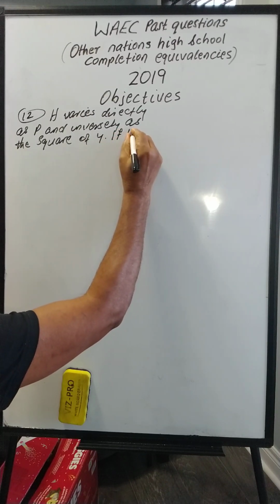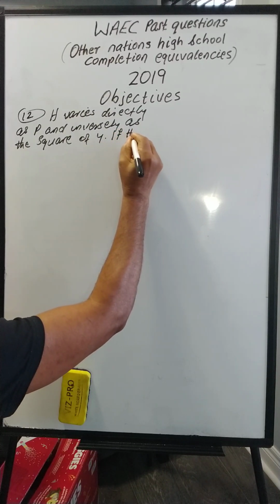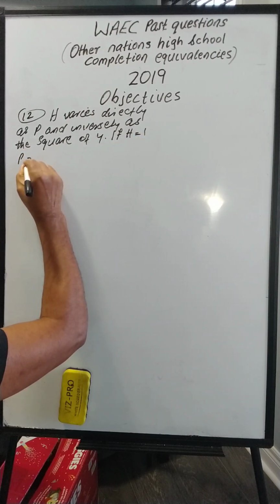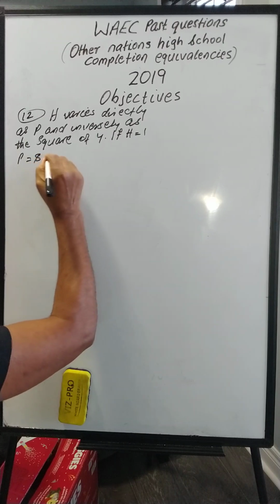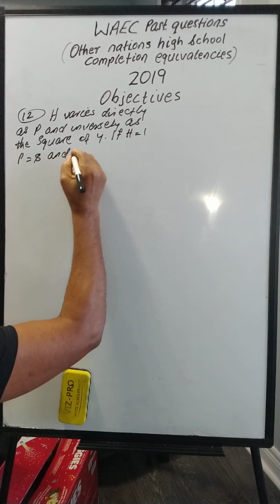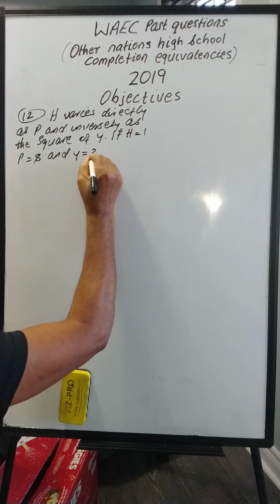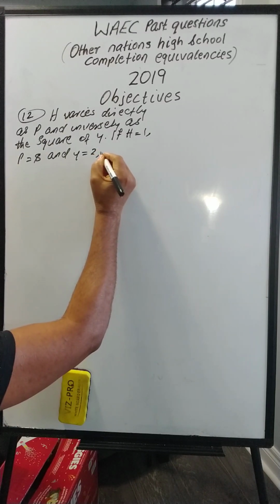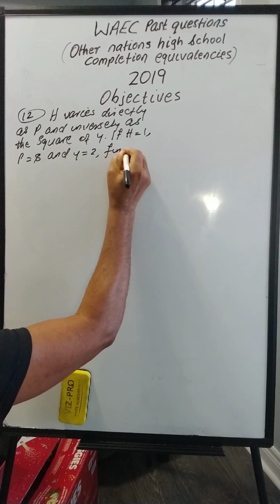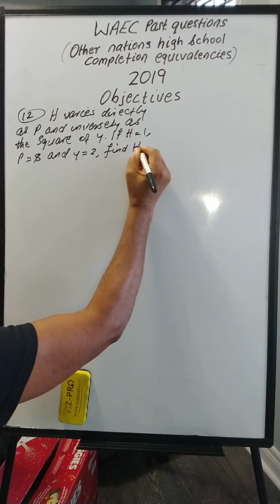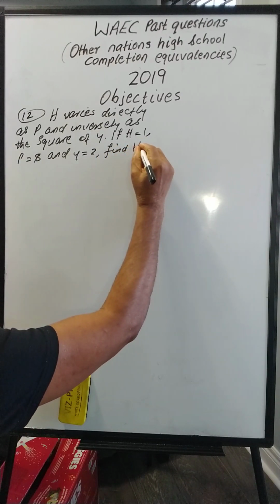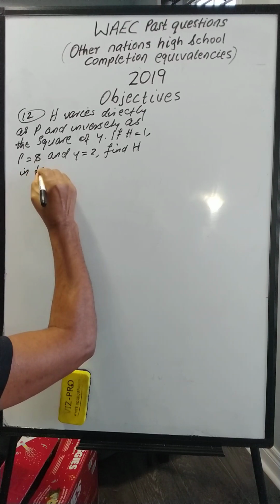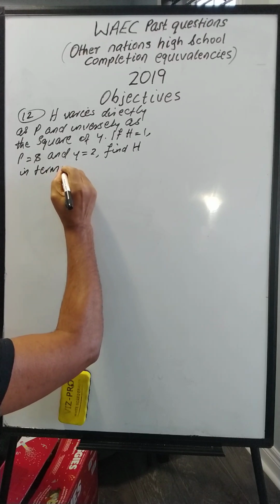If h is equal to 1, p equals 8, and y equals 2, then we are expected to find h in terms of p and y.